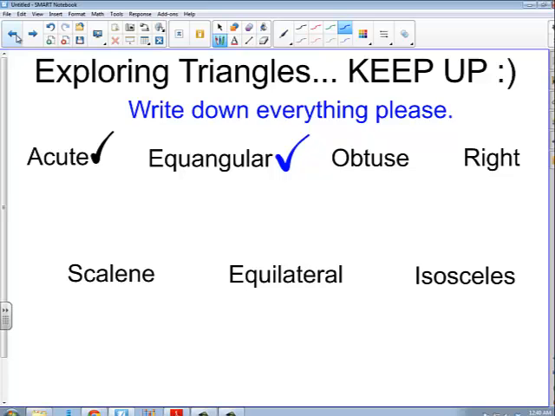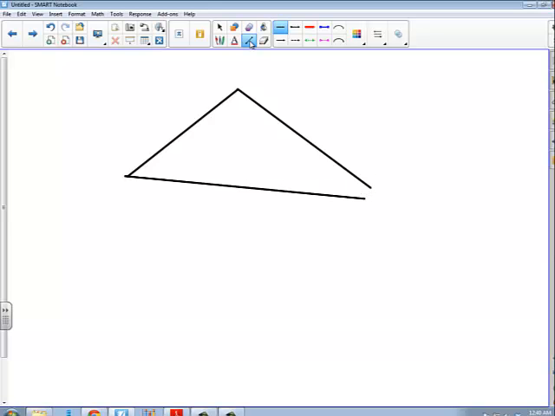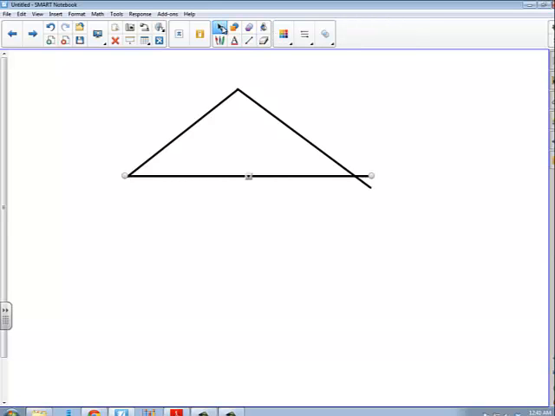Obtuse. An obtuse triangle has one angle measure that is greater than 90 degrees. Right there. Oh, that didn't work. Let's connect our dots here. There we go. Okay, so it has one angle there.